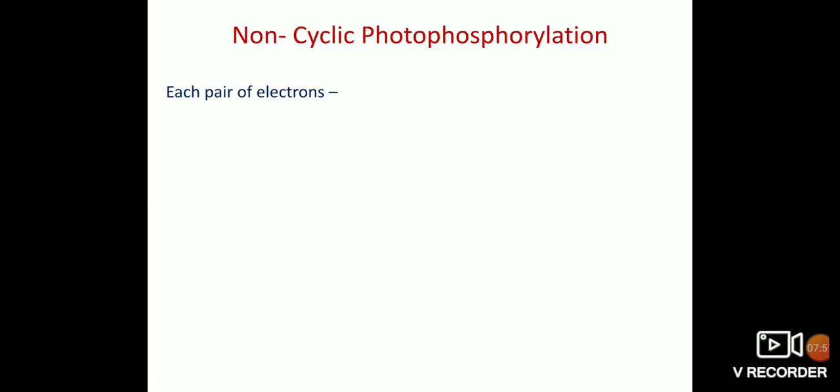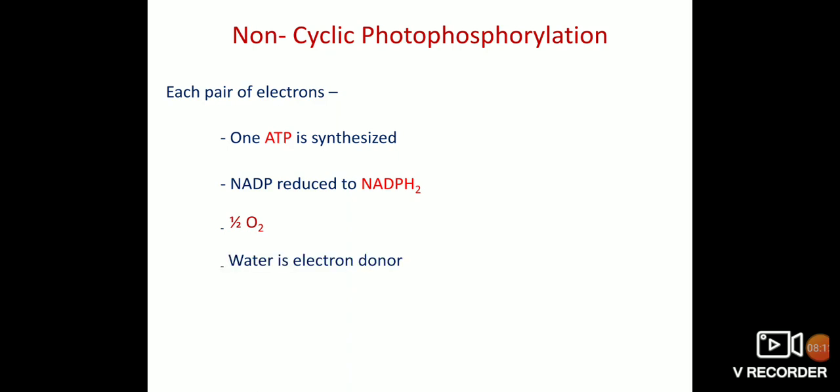During the transfer of each pair of electrons, one ATP is synthesized by the quinone cycle, and one NADP is reduced to NADPH2. One atom of oxygen is liberated, and during this process, water is the electron donor and NADP is the electron acceptor.